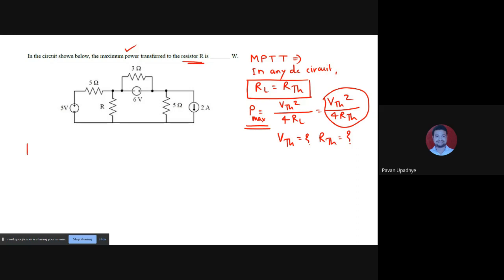To find the voltage VTH, the load branch, the branch of interest, should be opened. So we will redraw the circuit and remove it. Very interesting numerical this is. There are some twists again. Moving ahead.